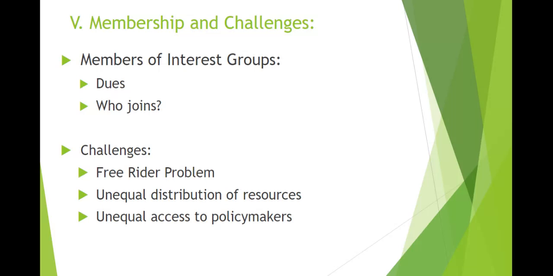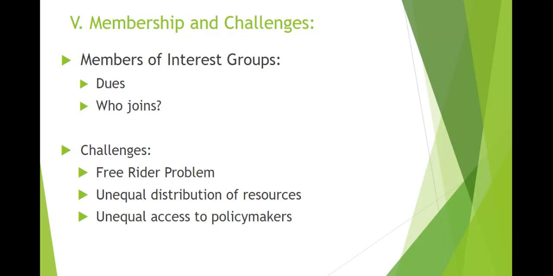Remember, this is a linkage institution, something that's designed to connect citizens to the political process. So if you've got citizens who are suspicious of any sort of social cohesion, any sort of social activity, they're going to be less likely to join an interest group.